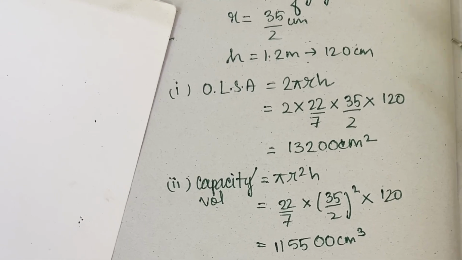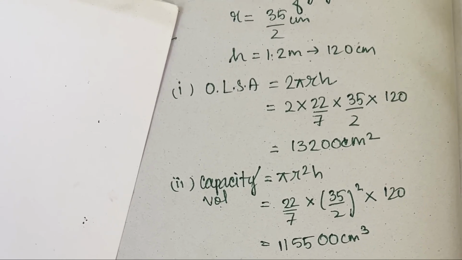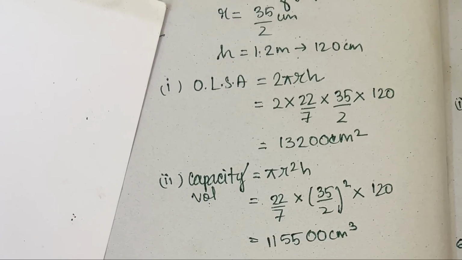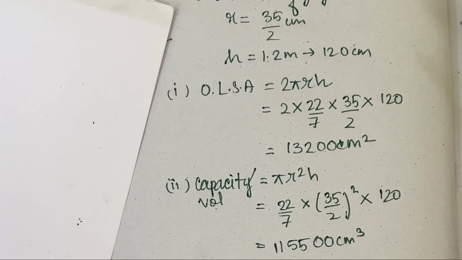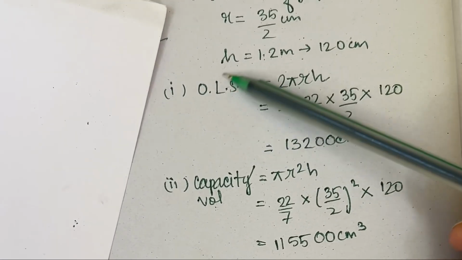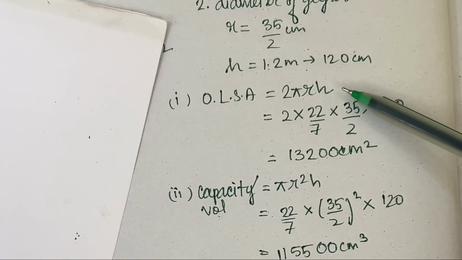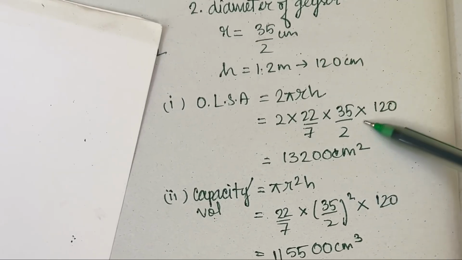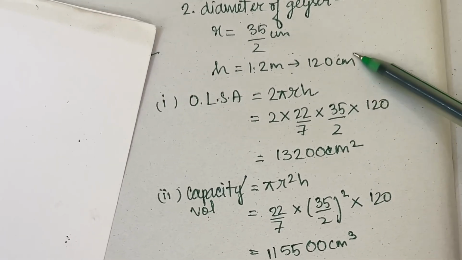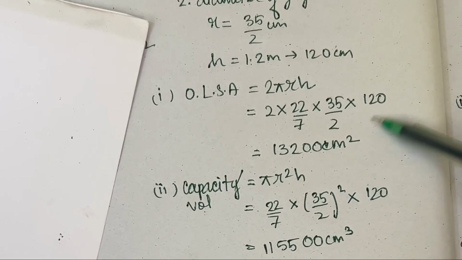Height is also given as 1.2 meter, and neglecting the thickness of its wall, calculate the outer lateral surface area and capacity in liters. So outer lateral surface area formula is 2 pi r h, and we are substituting the values that are given in the sum, and we are getting 13200 centimeters square.